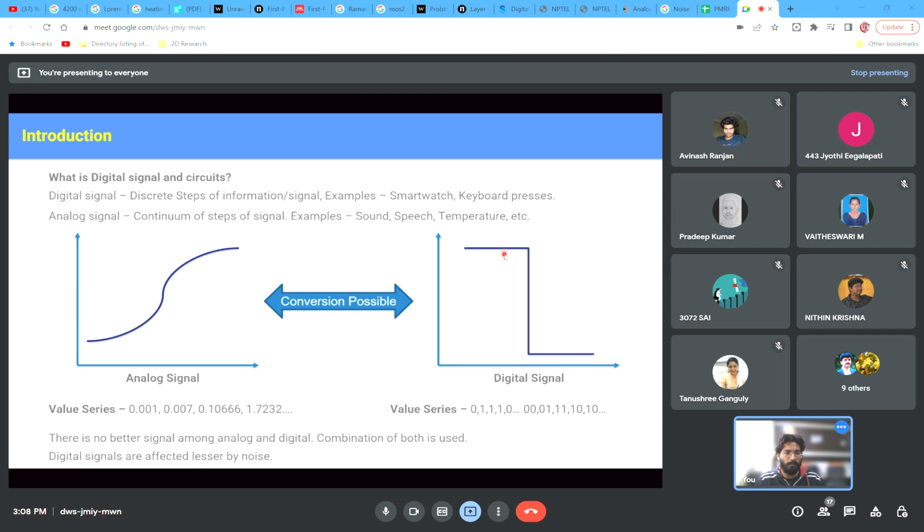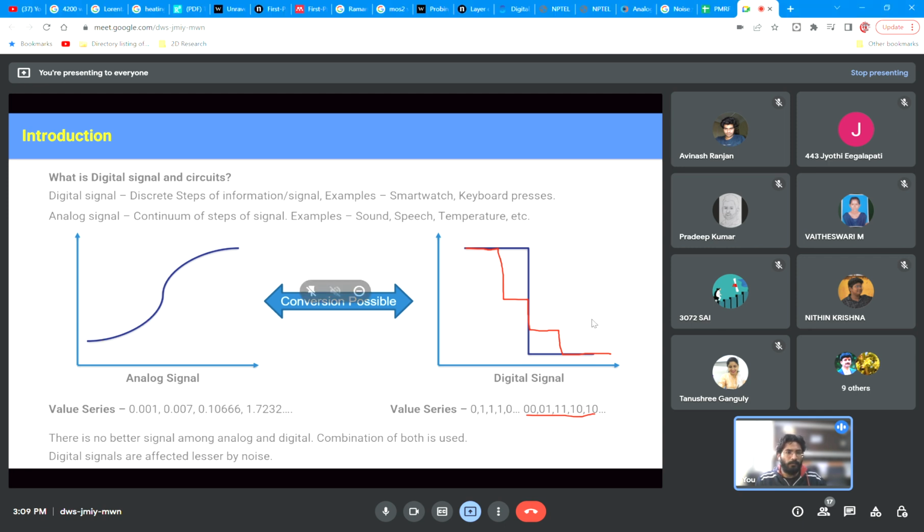If this square wave had a break in between, that would be your 4-level signal. Whereas the analog is this kind of thing.